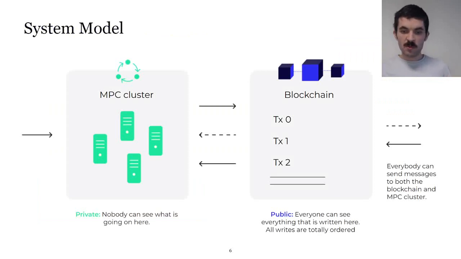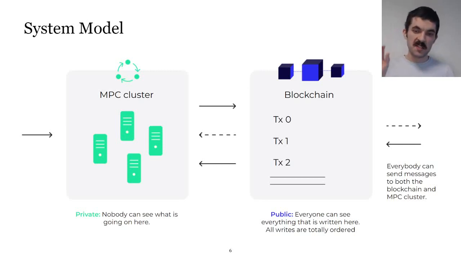For this talk, I'm going to use essentially this model, which, at a high level at least, is very close to what is running on Partisia blockchain. On the right, we have a blockchain in all the usual senses of the word, meaning everybody can see what's written here, everybody can talk with it if they want to, they can send messages through smart contracts, and all the data on the blockchain is totally ordered.